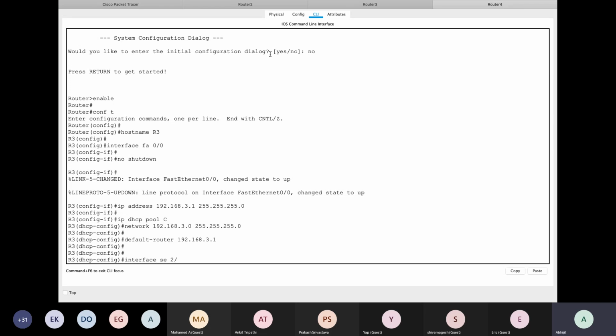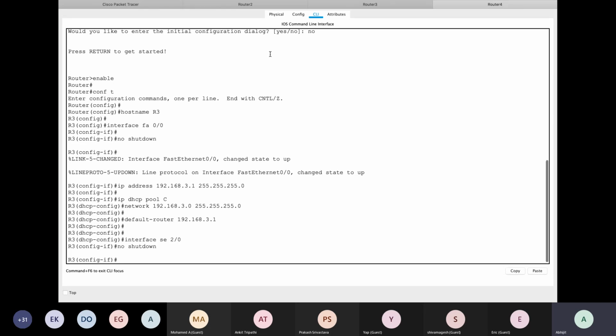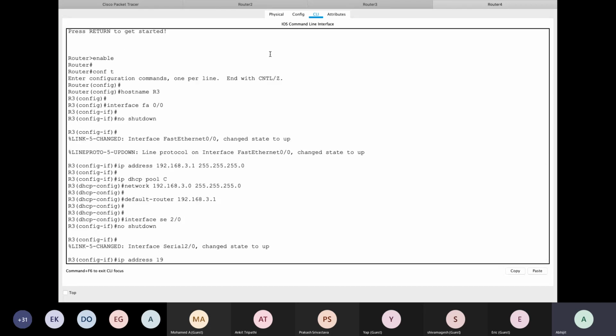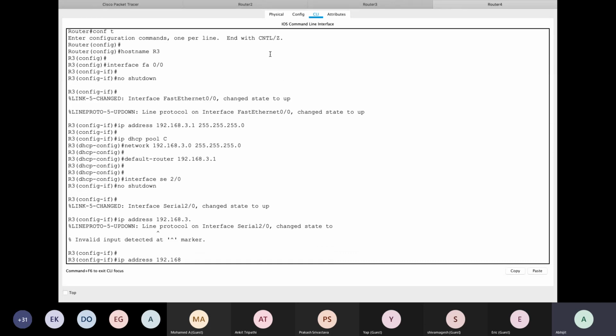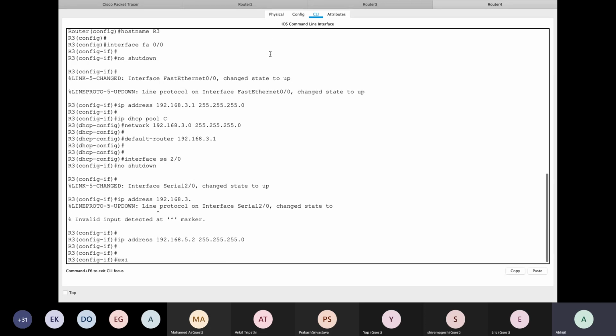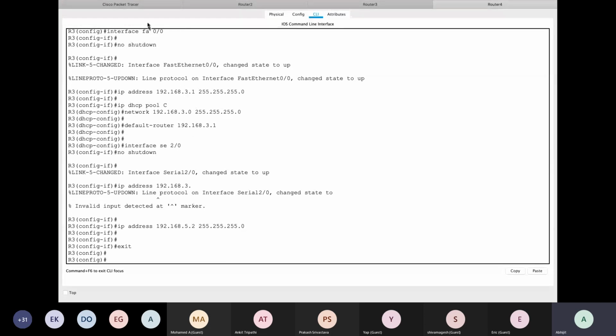Then going into interface SE2/0, no shutdown, and IP address 192.168.3, sorry, not 3.1. It's gonna be 5.2. And there you go. The configuration is done.